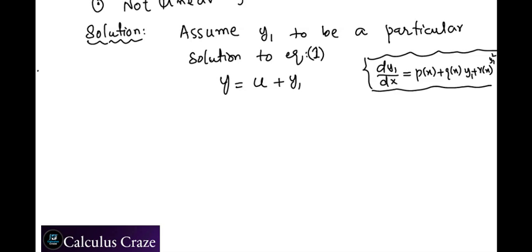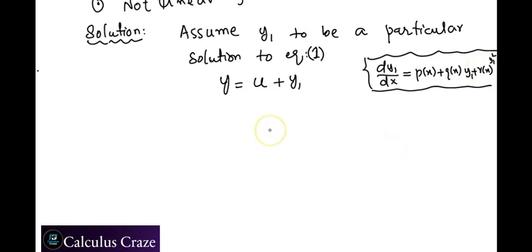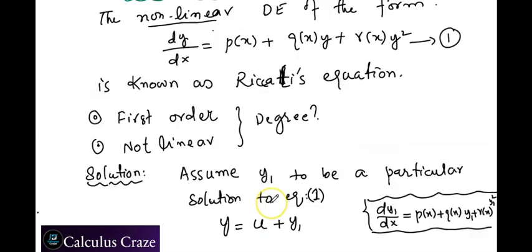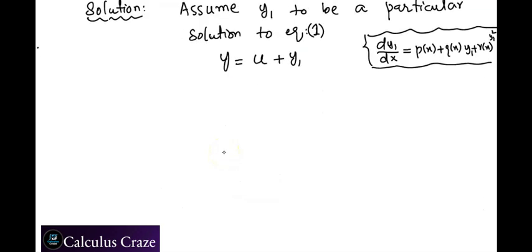Because we want to transform equation 1 into the variable u, we need dy by dx in terms of du by dx. So let's do that.